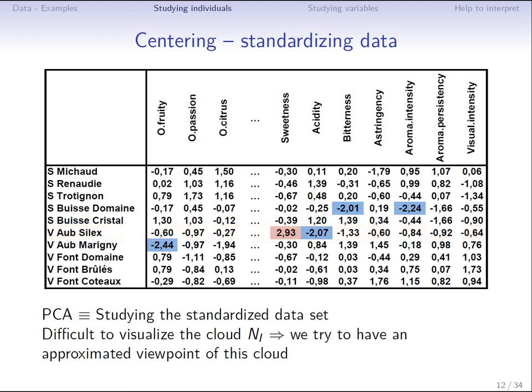So PCA will analyze this standardized data table. Analyzing this standardized data table means that we want to view it. It is difficult to see this table since there are 27 variables. I cannot visualize too many dimensions, so I will seek to have an approximated viewpoint of the cloud of wines.